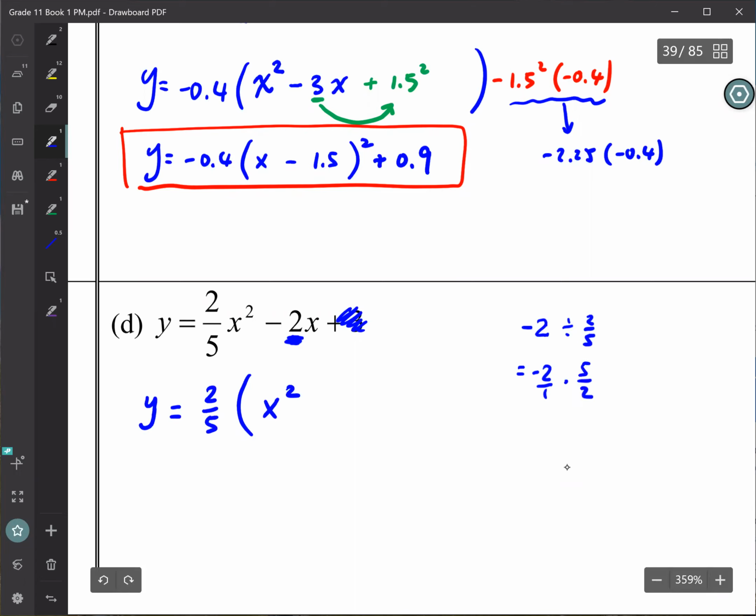And you can reduce, turning the -2 and the 2 into 1. And then -5/1. So -5, right? So your middle term after the x squared will be -5x. Okay?